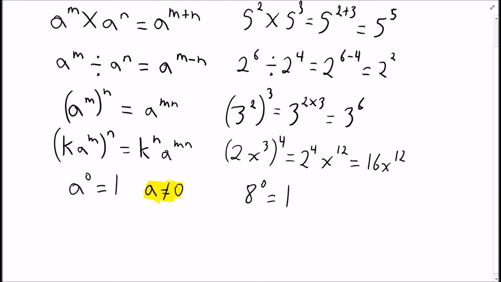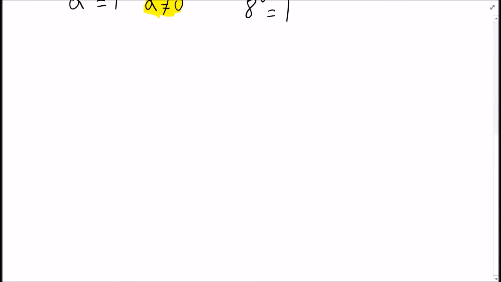Now, continuing on, we haven't talked about what happens if you have a negative in an exponent. So if I had a to the power of negative 1, for example, what that means is it's 1 divided by a to the 1. And in this case, that would just be 1 over a.